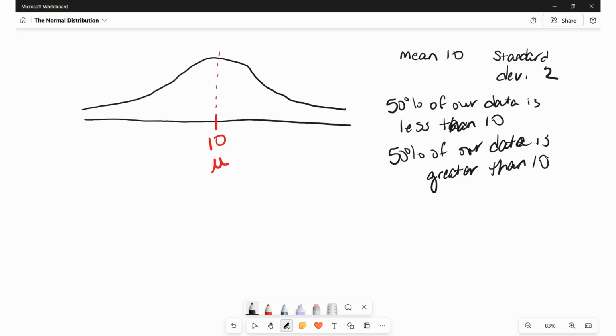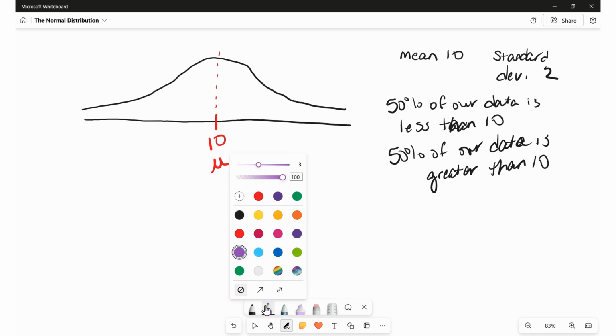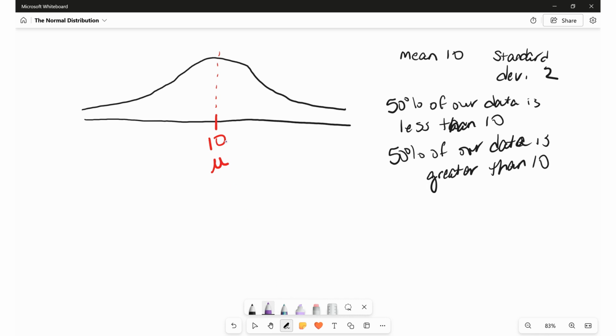Now, it's really important that we know our standard deviation is 2, because that means this is our mean minus 1 standard deviation, or in other words, 10 minus 2, which is 8.